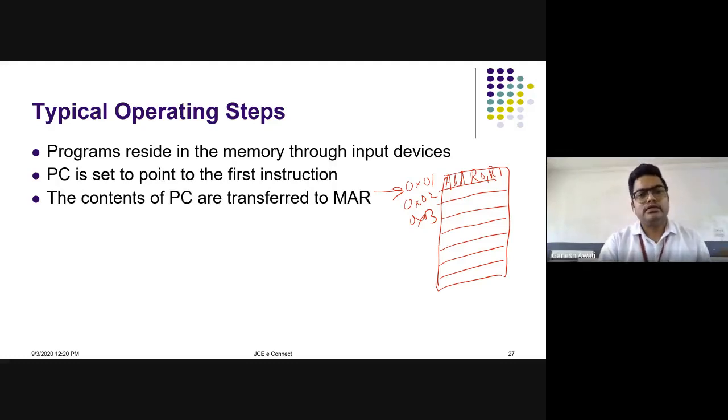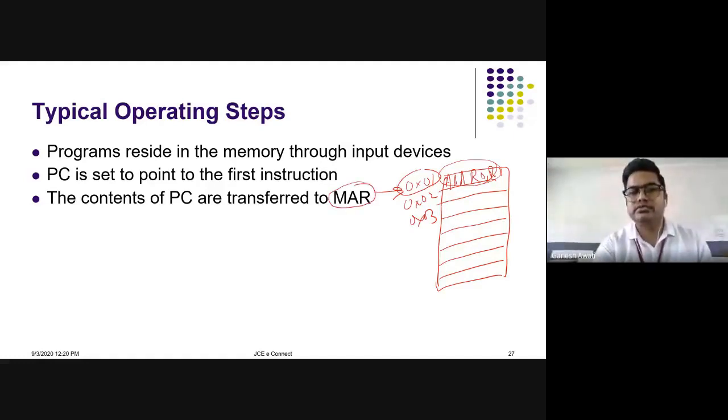The contents of the program counter are transferred to MAR, the memory address register, because I want to access this particular instruction now. Yes or no? So what do I need to send? The address I need to send. This address will be held by MAR.